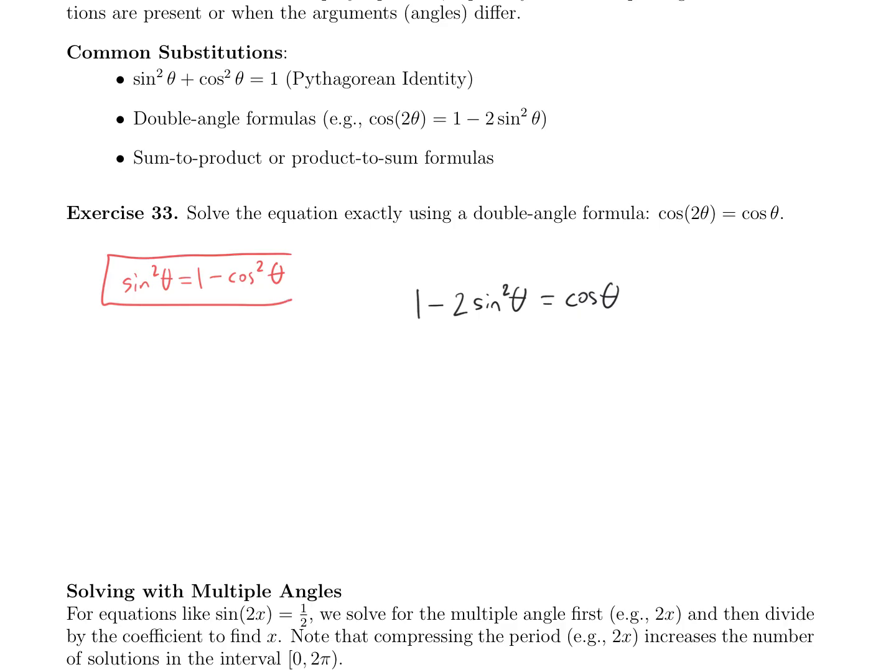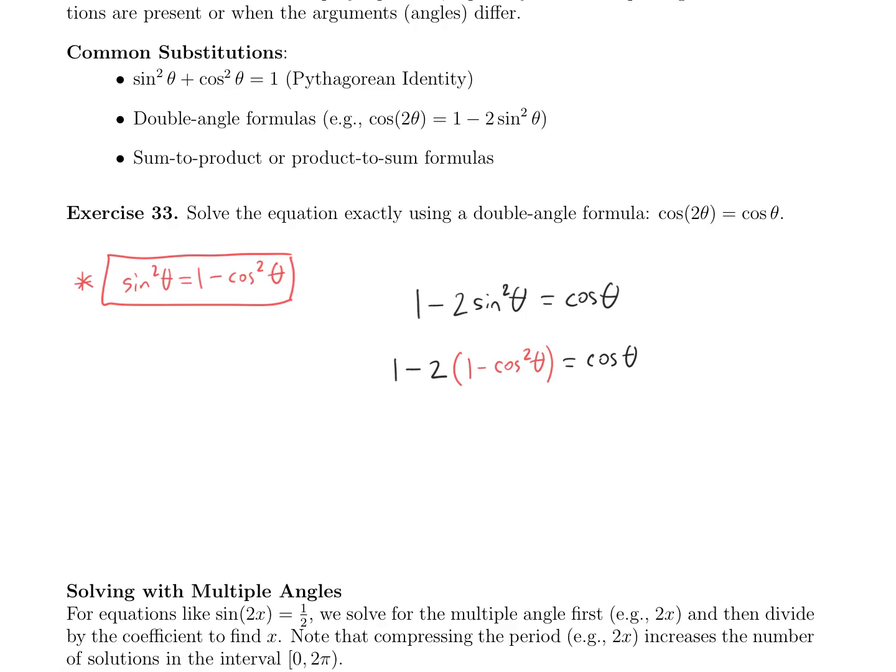That's the identity that you should have memorized. Okay, so now we can rewrite this as 1 minus 2 parentheses, replacing sine squared with 1 minus cosine squared theta, and then the rest of the equation is equal to cosine theta.